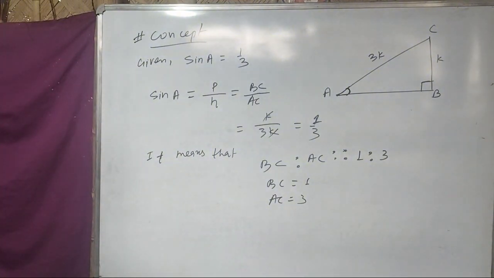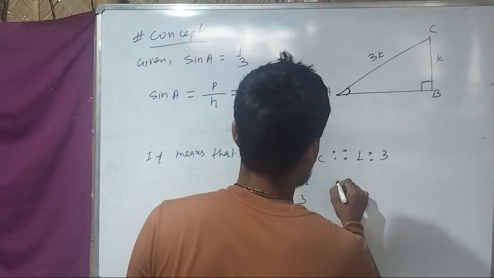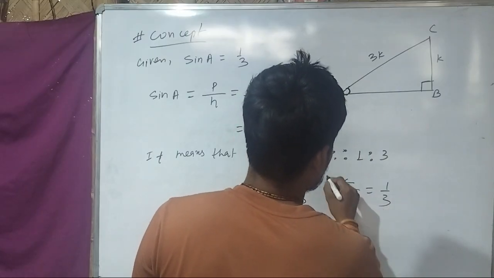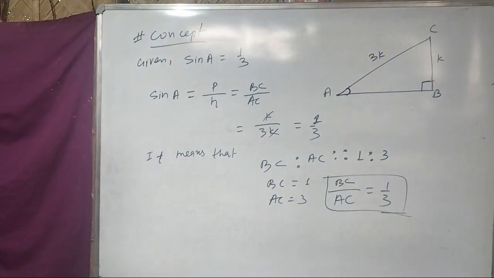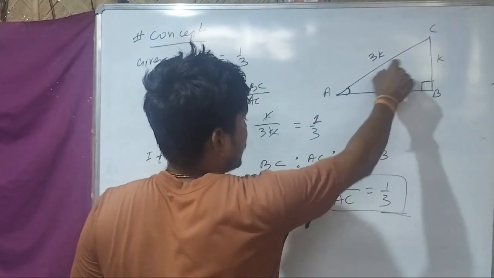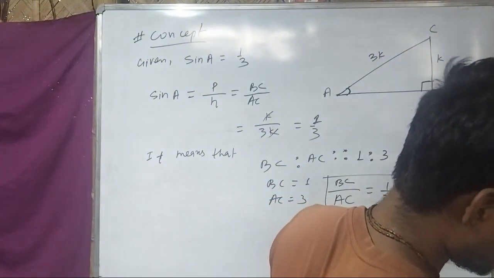It means that BC and AC are in the ratio 1 to 3. So we can write from here BC by AC equal to 1 by 3. This is the concept. What does it mean? Sine of angle A equal to 1 by 3 means, sir, BC is 1 unit and AC is 3 units. So this is the concept. They are in the ratio 1 to 3.